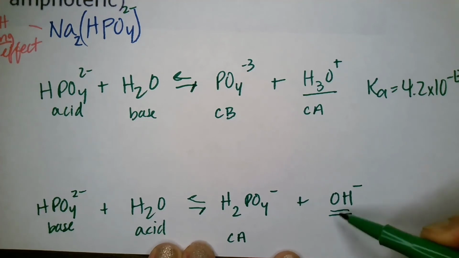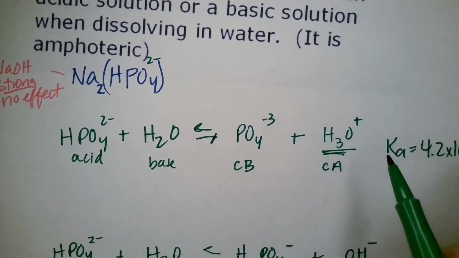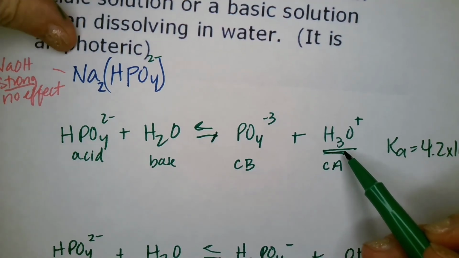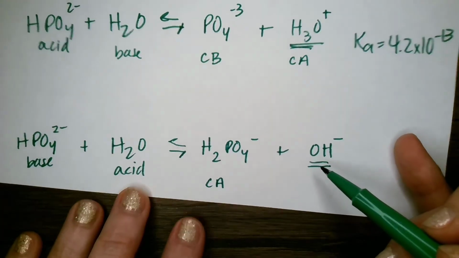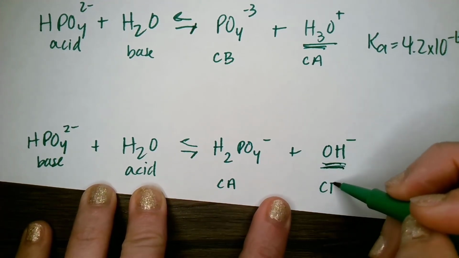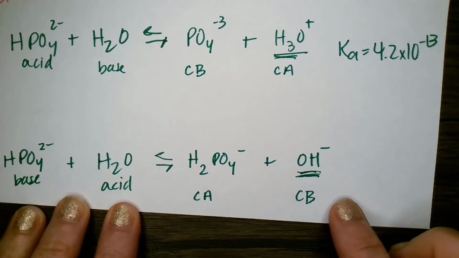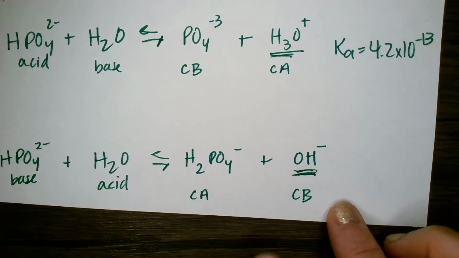And what am I going to be left with? OH minus. So if HPO4 acts as an acid, it will produce hydronium. If it acts as a base, it's producing these hydroxides, the conjugate base. But how do we know which one's stronger?